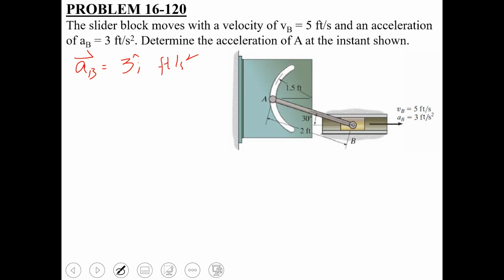So that equation would become AA, which is the absolute acceleration of A, should be equal to AB, which is the absolute acceleration of B, plus alpha cross R minus omega square R, where alpha is going to be the angular acceleration of this link AB, omega is going to be the angular velocity of this link AB, and R is going to be the relative position of A with respect to B. So these are the vectors जो कि हमने लिखने होंगे.